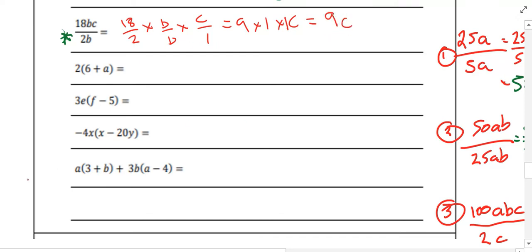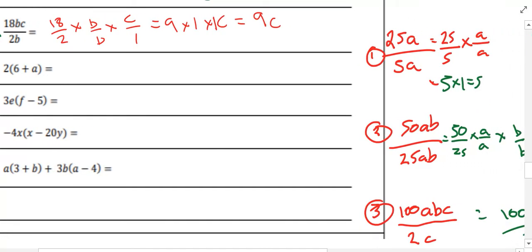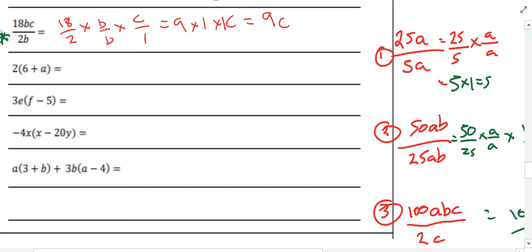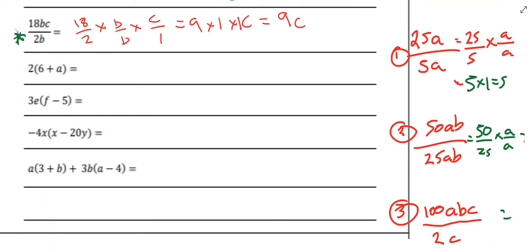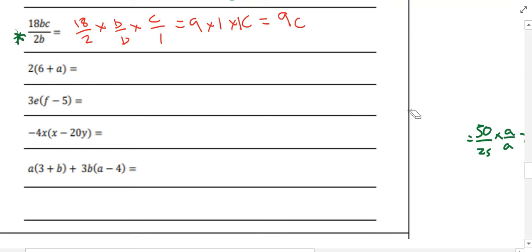Okay, so we have some, I'm going to use a posh word called parentheses. Parentheses is a posh word for a bracket, and we need to apply the distributive law. Now, the distributive law says that we can distribute a number to each part of the bracket.